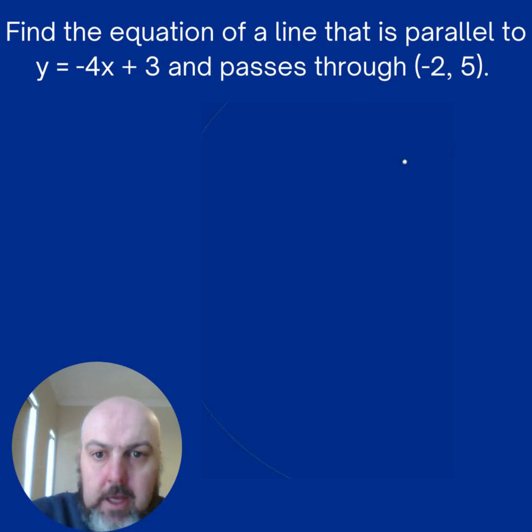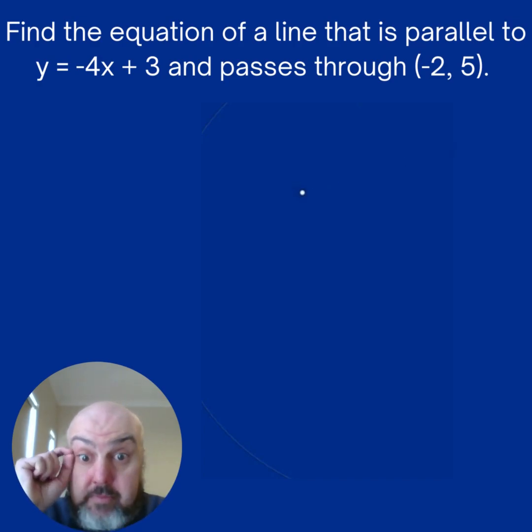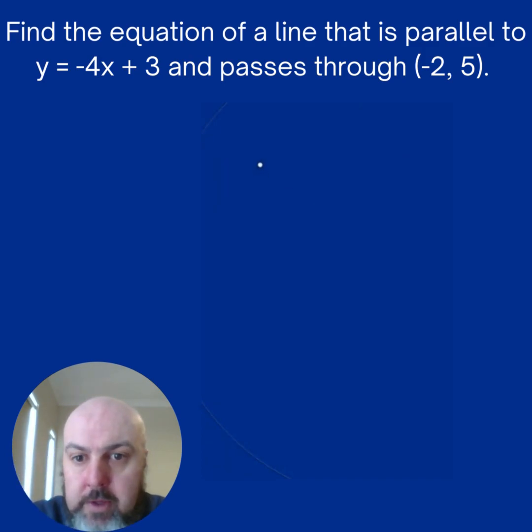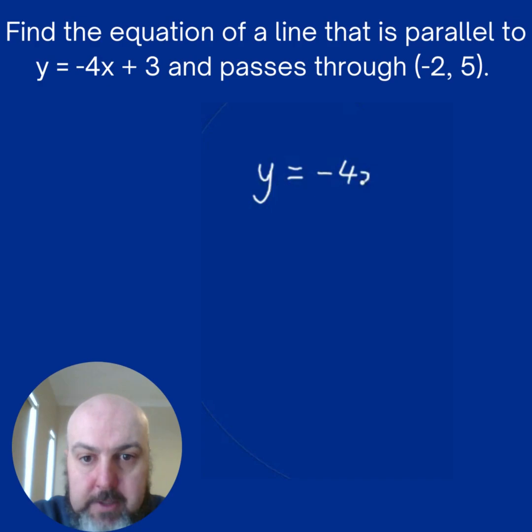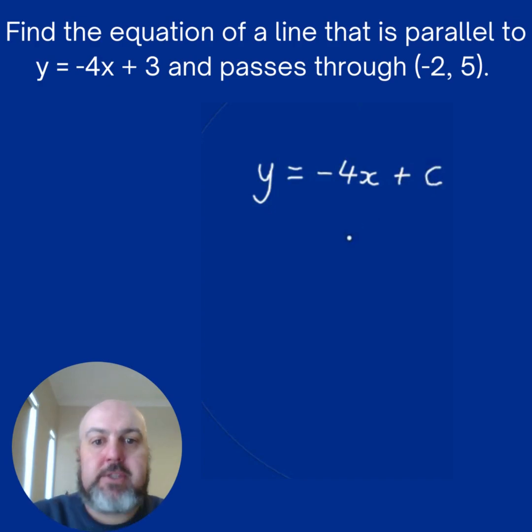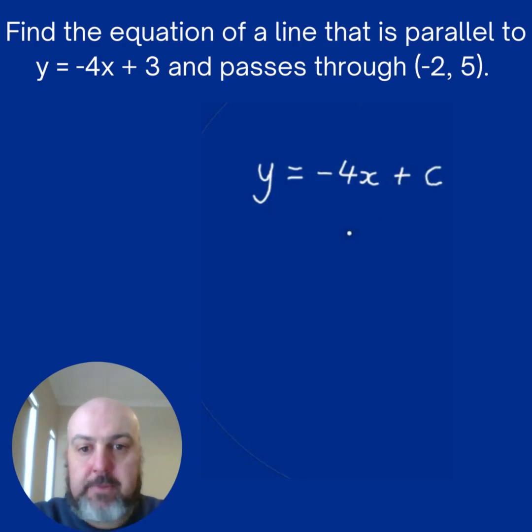We know parallel lines have the same gradient. Therefore, I know that y must equal 4x, because that's the same gradient as the line given in the question, plus c. The objective of this problem is to work out what c is so you can get your equation.